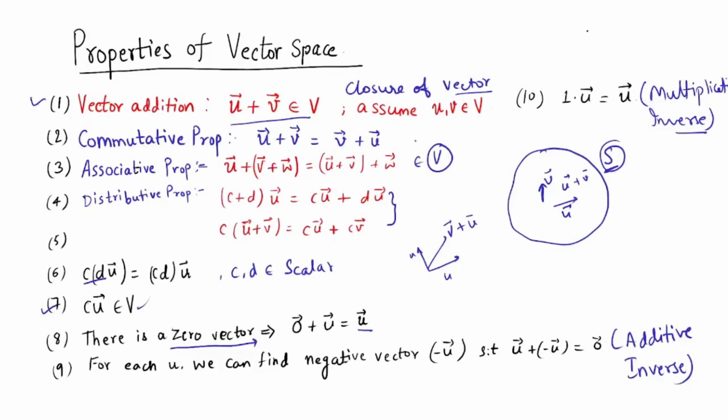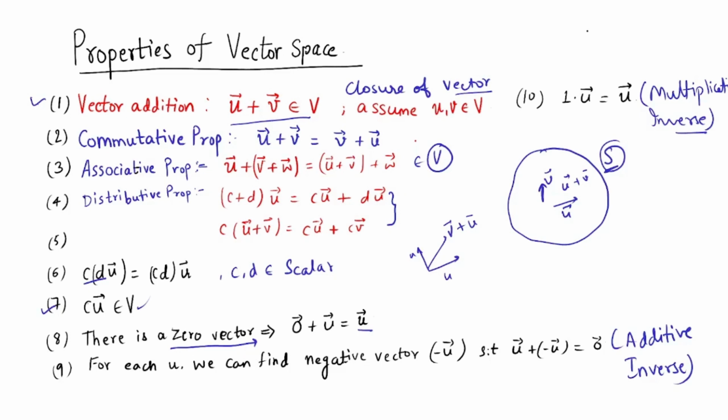Property number 1 and 7 are the closure of vectors, which means the result should be a part of that set of vectors. Property 1 is about vector addition and property 7 is about scaling of vectors. If it is not included in the set of vectors, then it is not in a vector space.